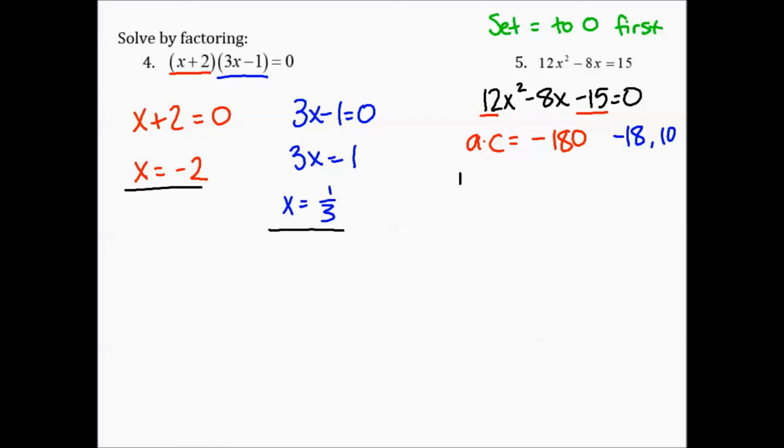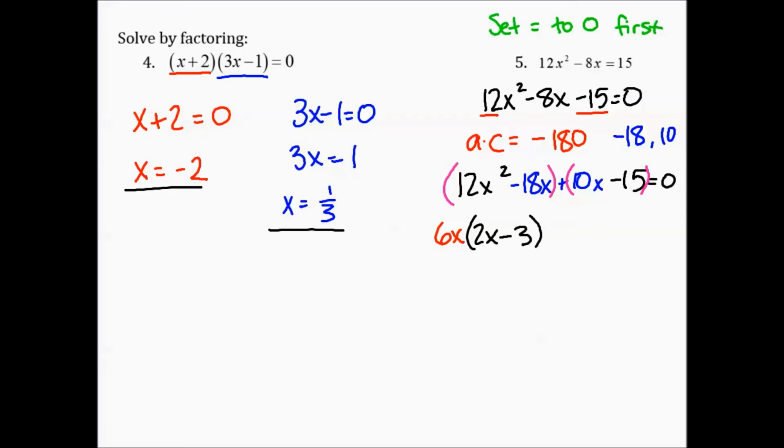So now I'm going to split up the middle term into negative 18x and positive 10x. Then I'm going to factor by grouping. The GCF of the first set of parentheses is 6x. When I factor out a 6x, I'm left with 2x minus 3.